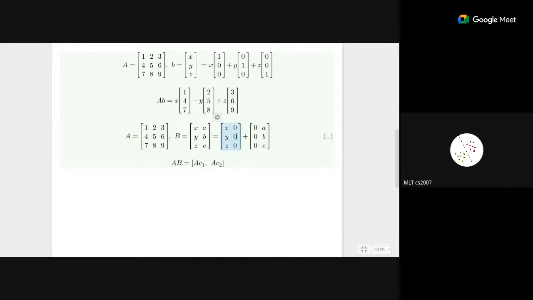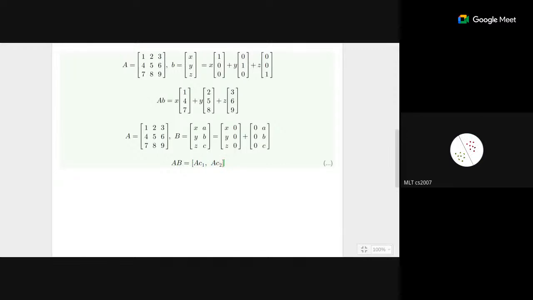So it's as good as multiplying A with the first column and having zeros in this place. Likewise here it will be A into the second column and zeros. If you add them together, you will get A into the first column of B, A into the second column of B. Did everyone get this part?